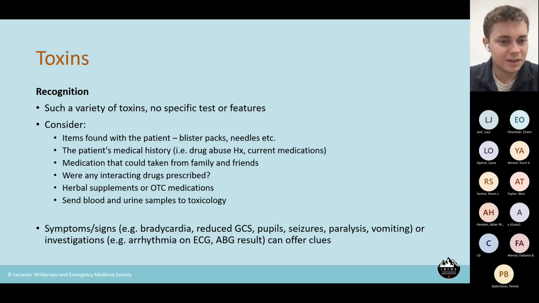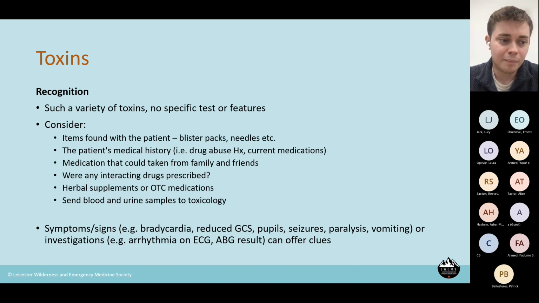You also want to look for some different symptoms and signs. So things like bradycardia, reduced GCS. You can either have dilated or constricted pupils, seizures, flaccid paralysis, vomiting. And then investigations, you might want to look for an arrhythmia on ECG.